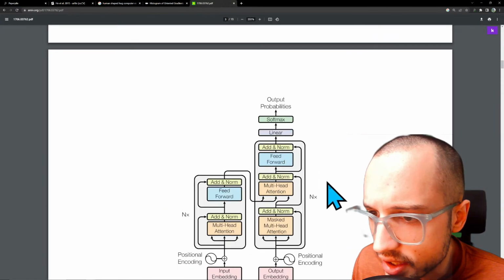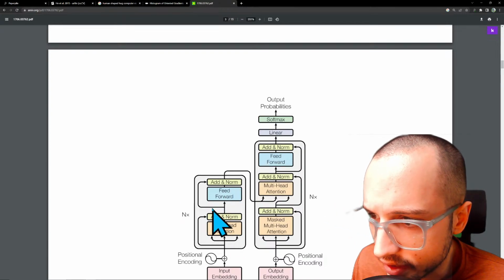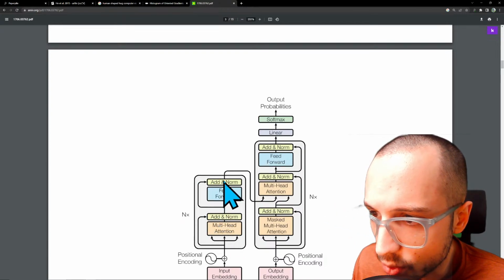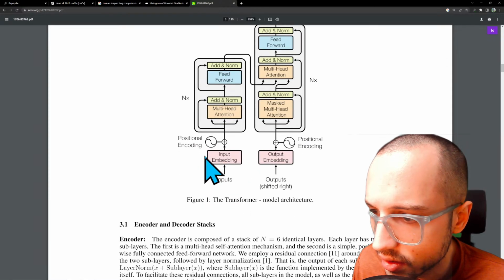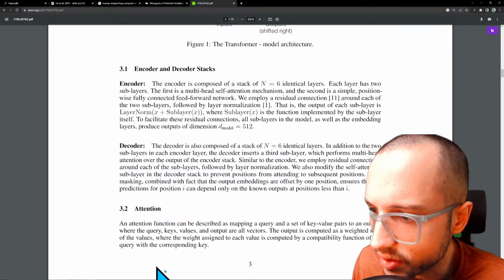I was trying to see if this residual connection here is happening before or after the nonlinearity or the activation function. So is the ReLU here or is the ReLU here? Kind of seems like it's almost after it, right?